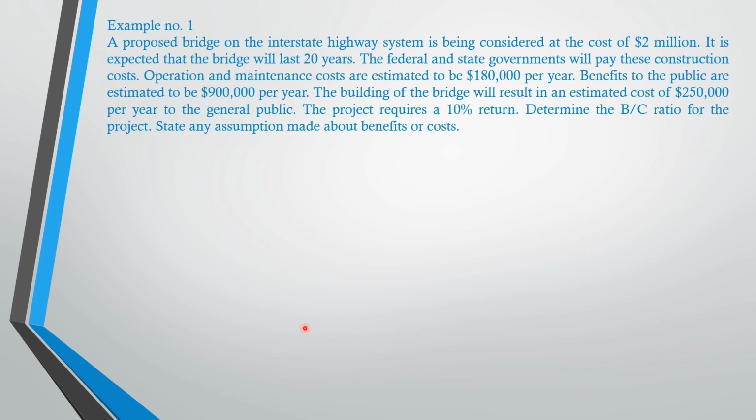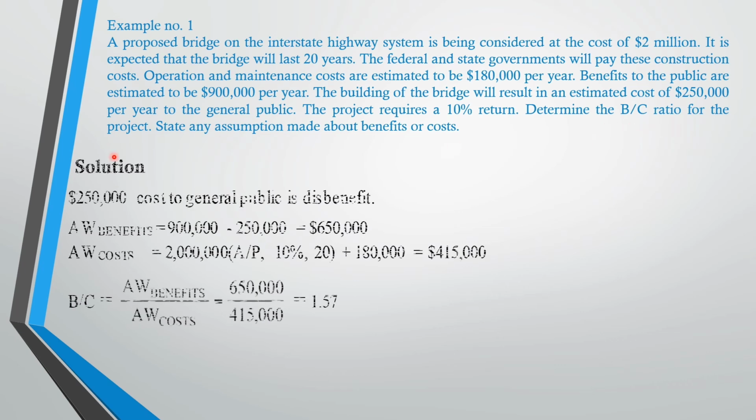Here we have example number 1, and in this statement we have to determine the basic benefit cost ratio for the project. In the solution, we have to identify first the benefits and costs before we get the benefit cost ratio. In this equation, our benefit is $650,000 and the cost is $415,000. And how do we get this?